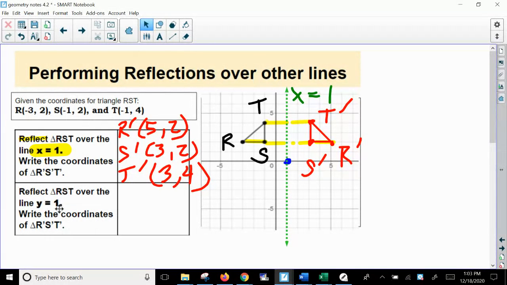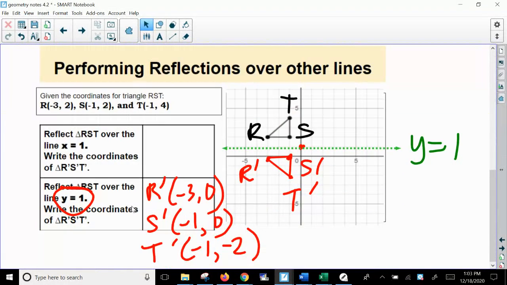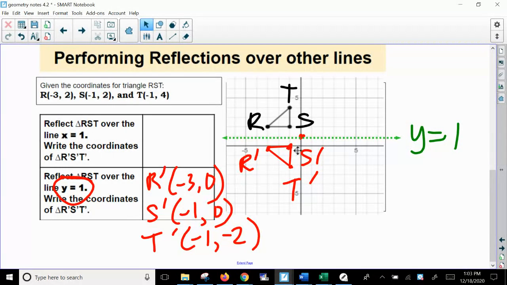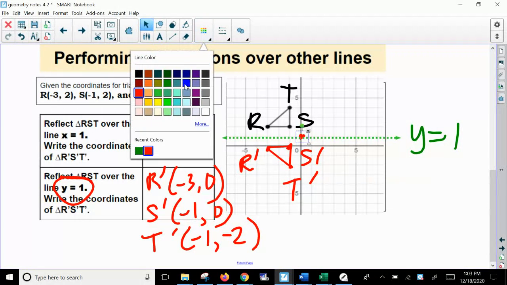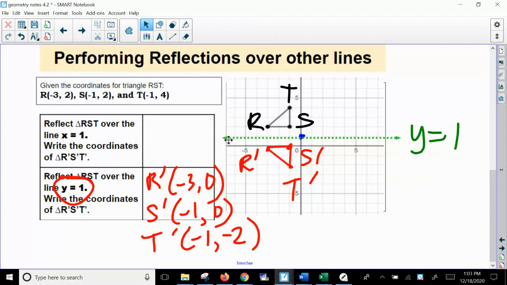And for the line y equals 1, which I did down here, I went to positive 1 on the y-axis and drew a line straight through the y-axis where y equals 1. So that's a horizontal line. Again, each point got reflected over the line of reflection.